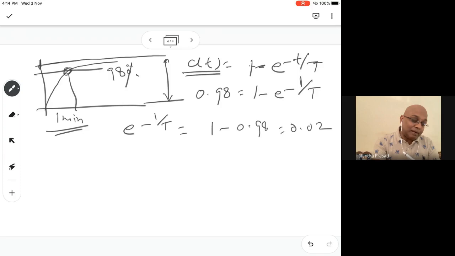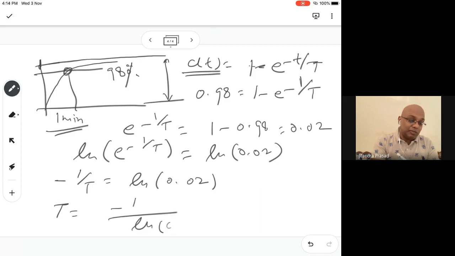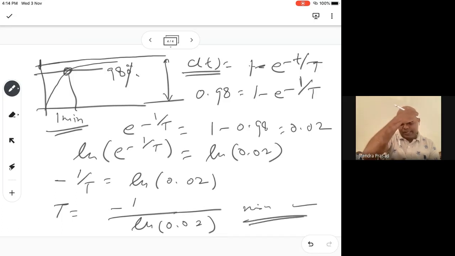And we take the natural log: minus 1 over T is equal to ln of 0.02, and hence we get T equal to simply minus 1 divided by ln 0.02. So this you will get in minutes. This is how the answer will be.